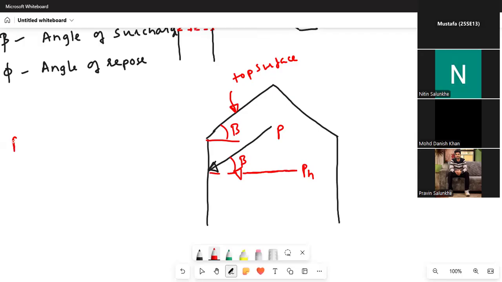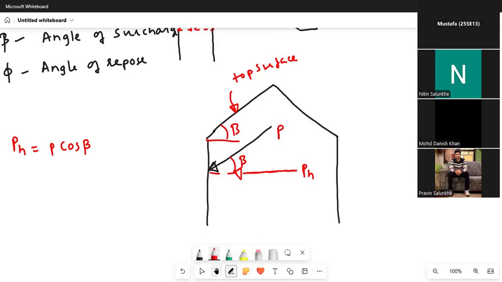pH equal to small p into cos beta. And what is small p?